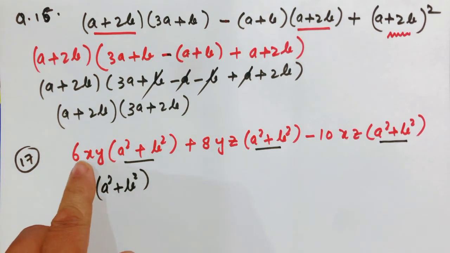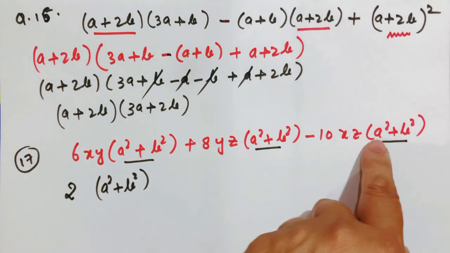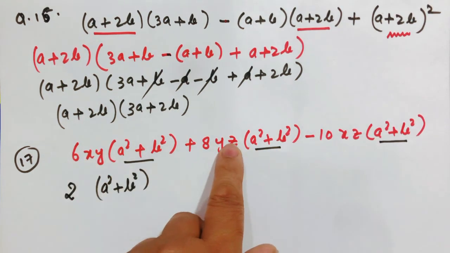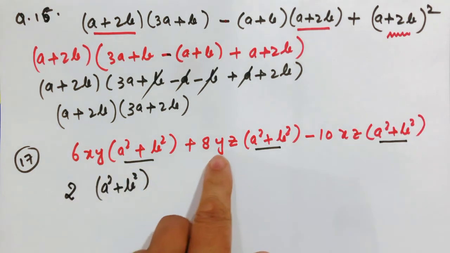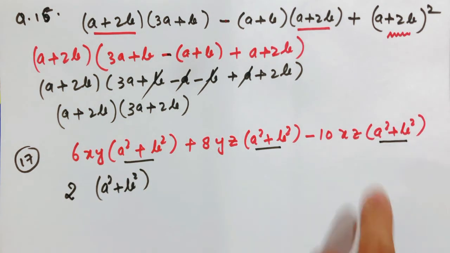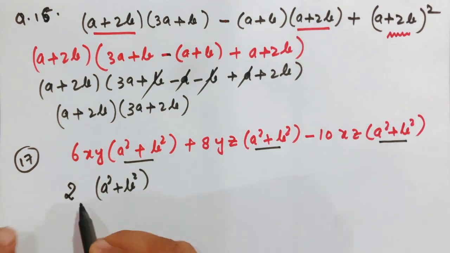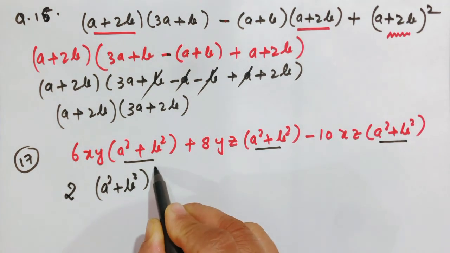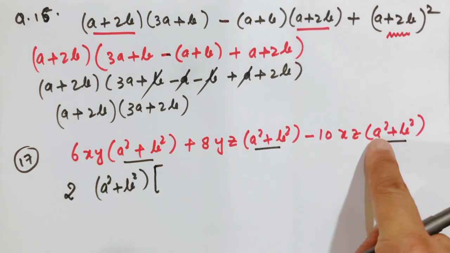Now let us see in these terms xy, yz and xz. No x is common, so you cannot take out the HCF of x. No y is common over here, so you cannot take out the HCF of y. So 2 into a square plus b square is the extracted form from all these terms.